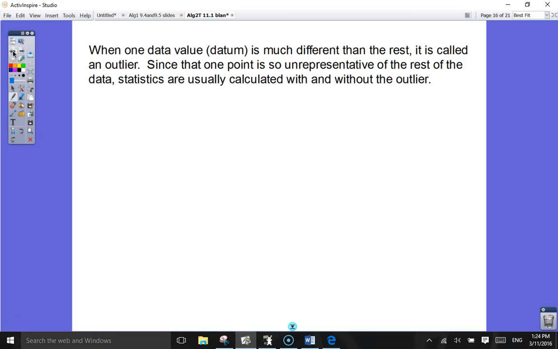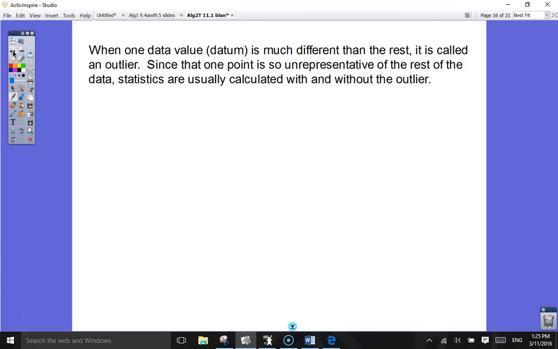Usually the statistician would calculate the mean, standard deviation, and all the relevant statistics with the outlier in and with the outlier out. And then you're handing that data off to somebody else who's got to make the decision what he wants to do with that. I mean, you might advise, but ultimately you're probably not the one who's making the decision. If you are, you're probably not doing your own statistics. You've got somebody else doing that for you.